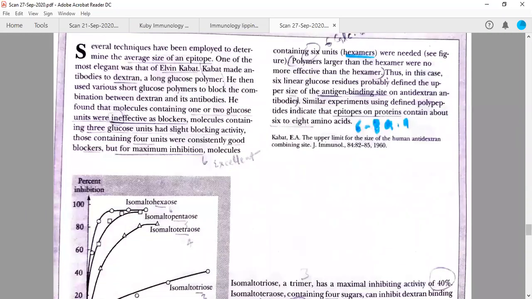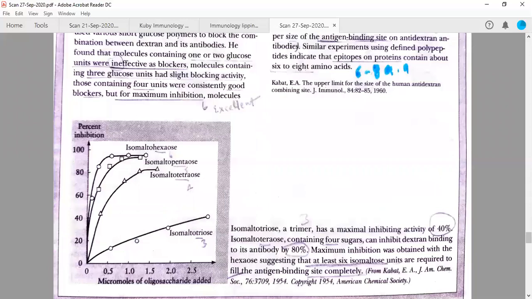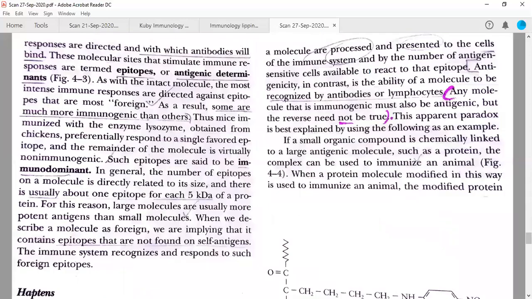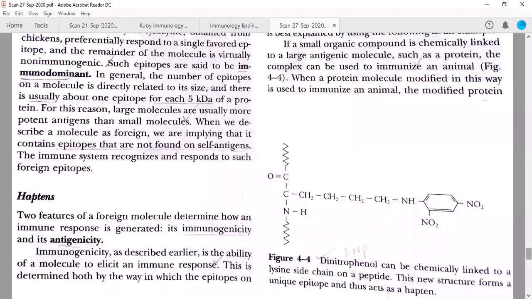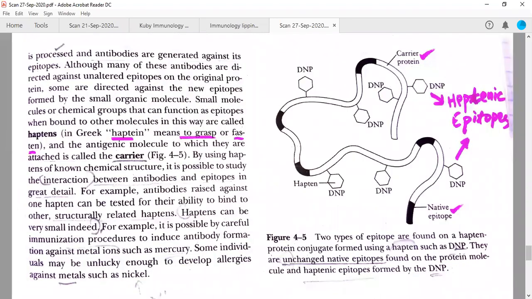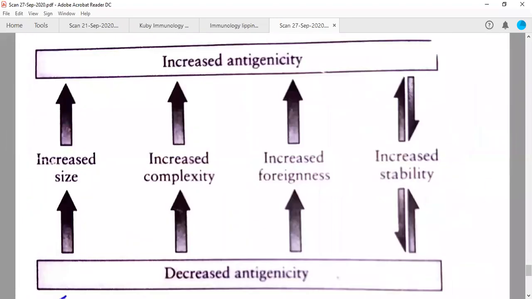And I will tell you how many amino acid and carbohydrate molecules are required to activate an immune response. So to make an antigen, what should be the minimum size? If you increase the size, the complexity, and the foreignness, and if the stability is good, ultimately the antigenicity will increase.